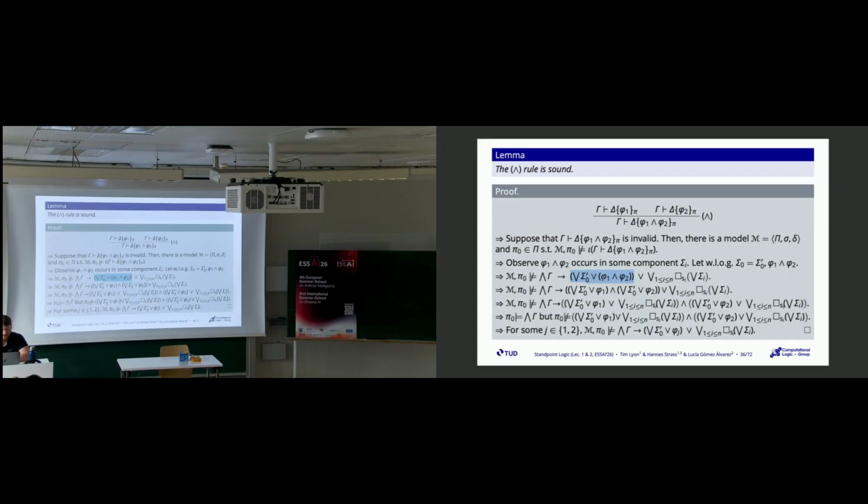So what we're going to do first is apply the principle that disjunction distributes over conjunction. If we do that, then we can transform this disjunction where we have a conjunction of phi 1 and phi 2 into a conjunction of disjunctions. Right? We're just distributing this disjunction of sigma naught prime over phi 1 and phi 2.